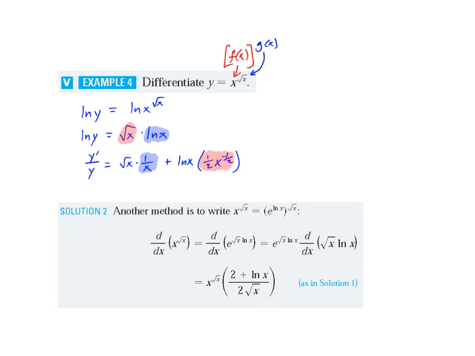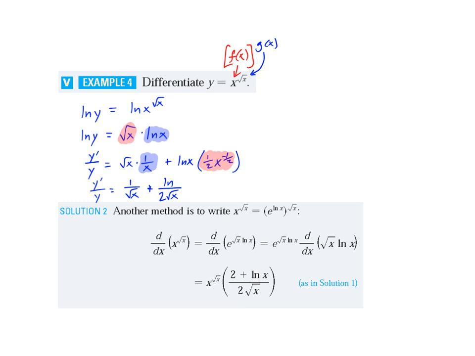All right, we could clean that up just a little bit before I multiply by y. So I still have y prime over y equal to, when I multiply square root of x times 1 over x, that really just becomes 1 over square root of x. And then here I could write this as natural log of x over 2 square root of x.